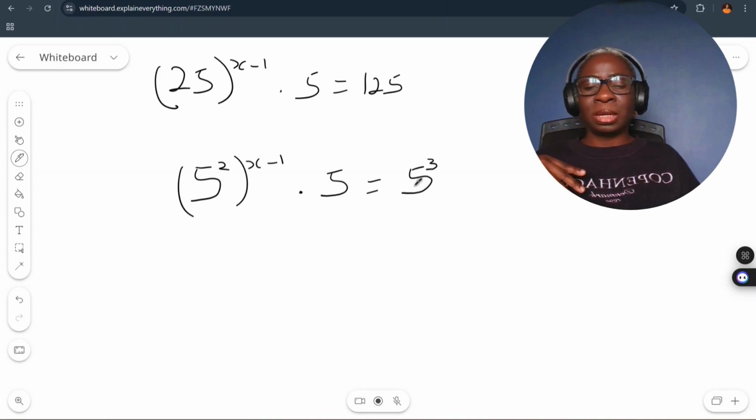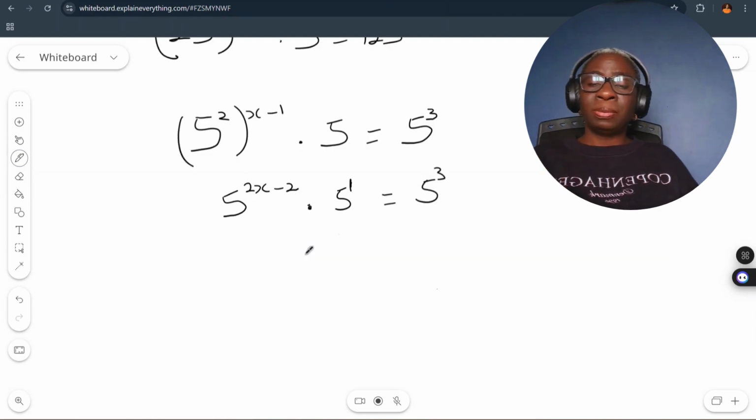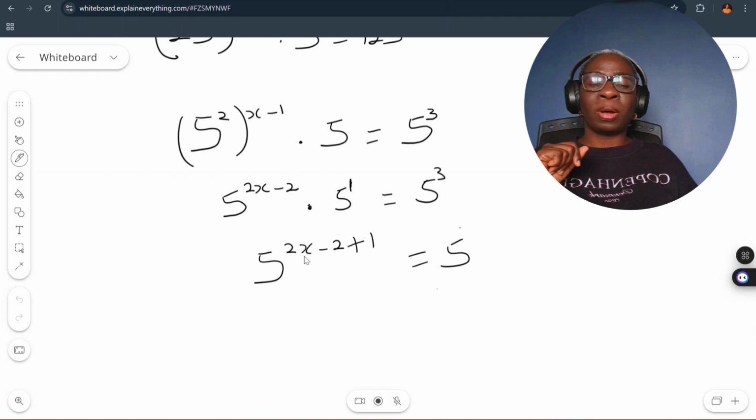Yes, we have 3. So here now, let's multiply the powers here, so that we have 5 raised power 2x minus 2, right? Times 5 raised power 1, don't forget, and this will be equal to 5 raised power 3. So now let's simplify the power by having 5 raised to power 2x minus 2 plus 1 equals 5 raised power 3.